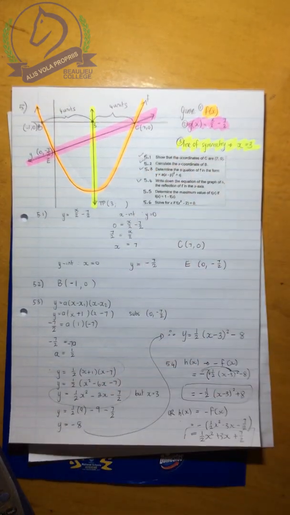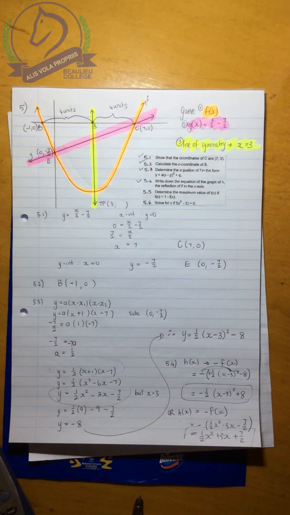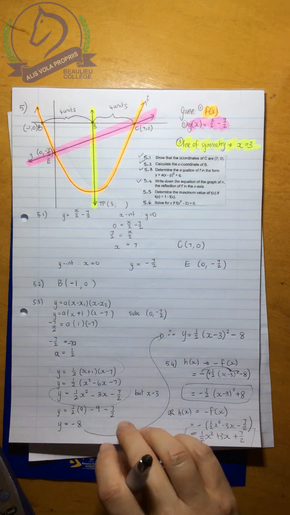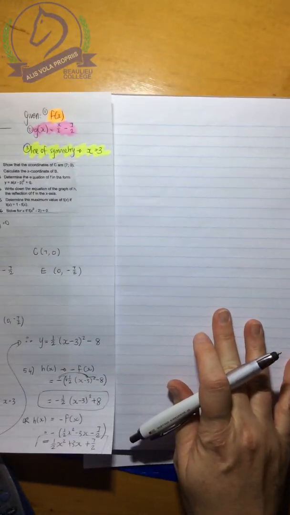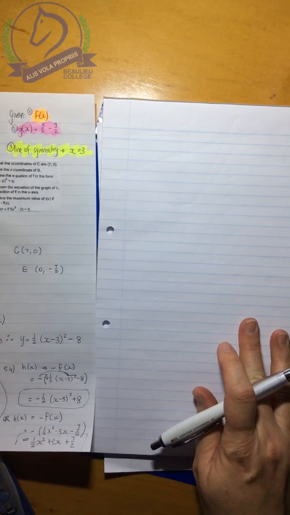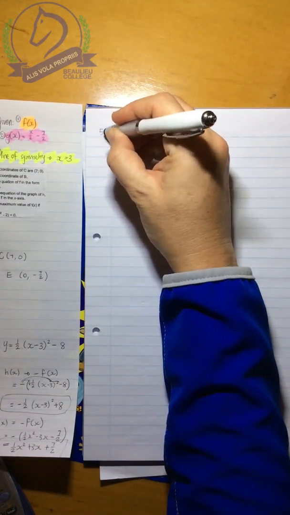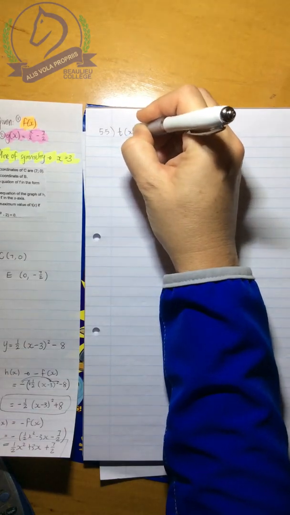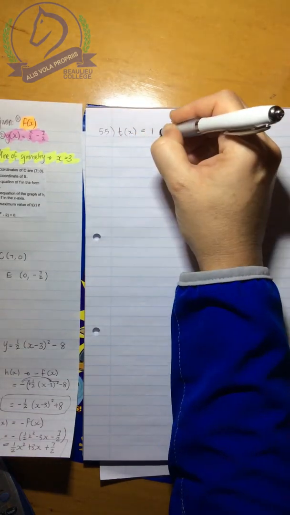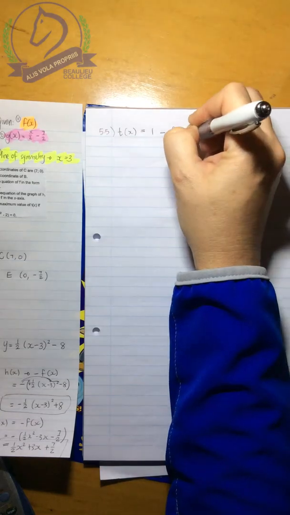Okay, that's 5.4. Then they say determine the maximum value of t of x if t of x is 1 minus f of x. Okay, so I'm just going to do this so that we can still work. So t of x, that's 5.5, is 1 minus f of x.